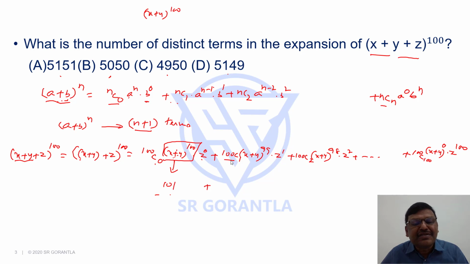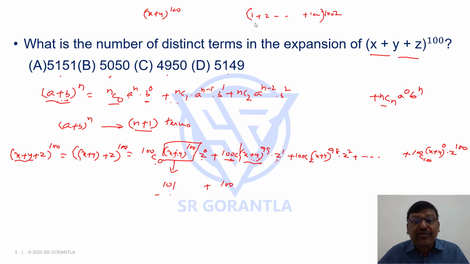Similarly, 100C1 is 100, so 100z, okay. 100z into this I have to do, but how many terms will this have? (x + y)^99 will have 100 terms. All those 100 terms will be multiplied by 100z, but the number of terms will remain 100. I have 1, 2, 3 and so on, 100 terms, and all of them are multiplied by 100z.